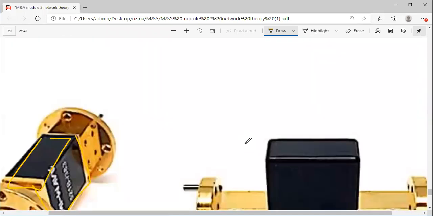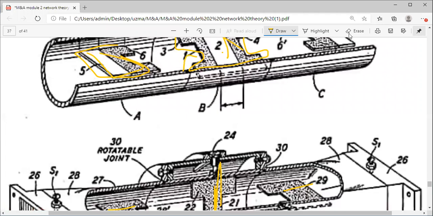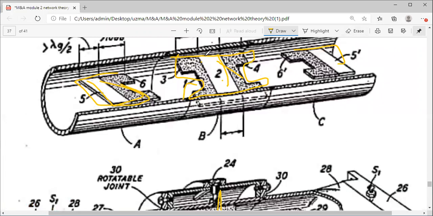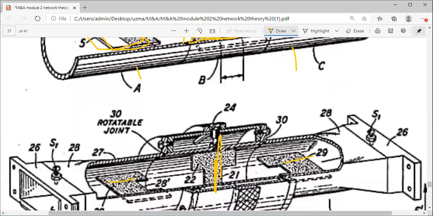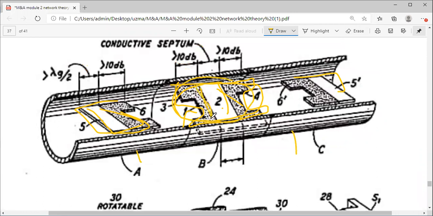No doubt it is a variable type of attenuator, right? So you see this in the structure. This is your resistive card R2, resistive film R2. This is R1 and R3. ये जो center place पे है, observe the difference between these two figures. Here it is kept perpendicular, here it is kept at a slant.